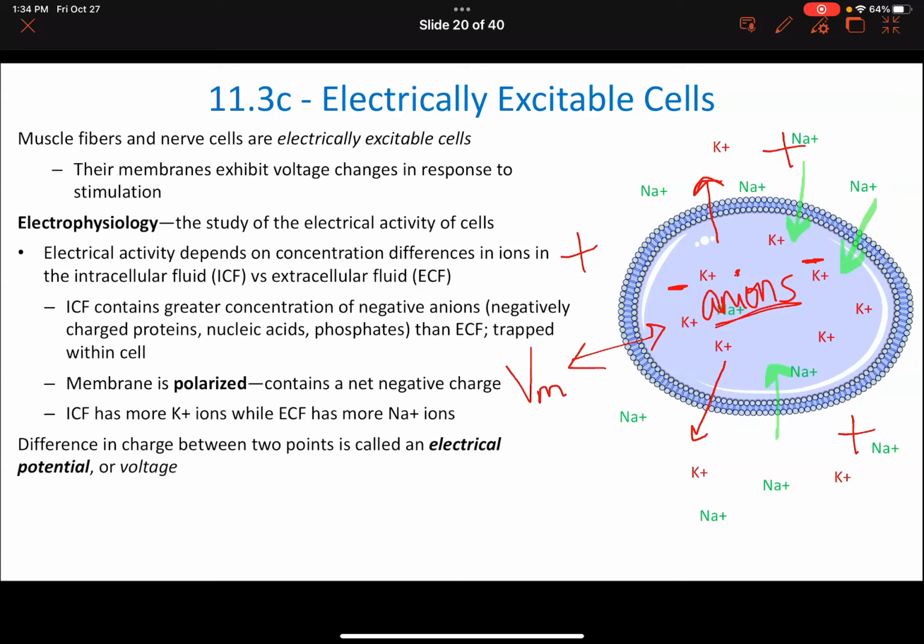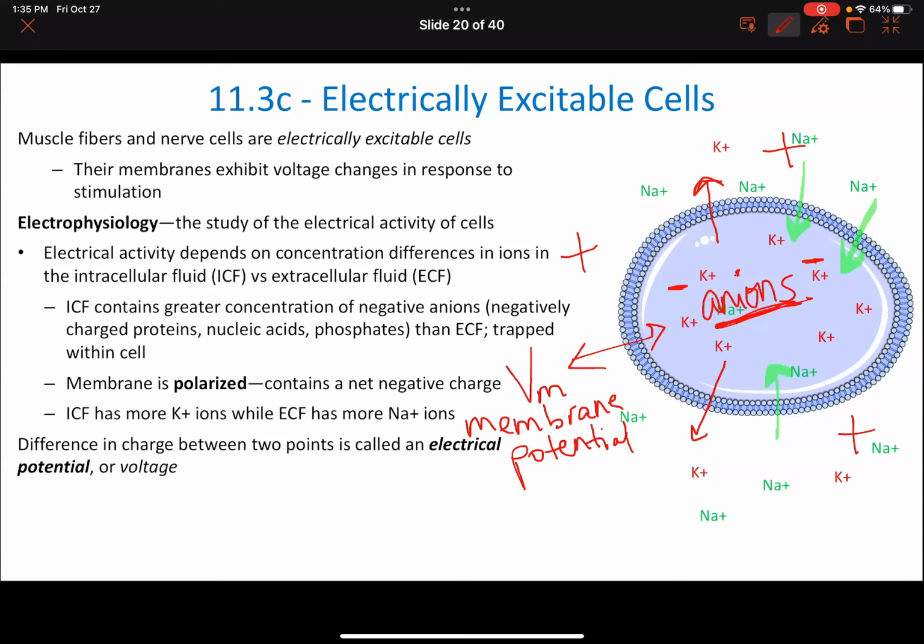So again, the difference in this charge between those 2 points across that membrane is called an electrical potential or voltage. We'll really refer to it a lot as a membrane potential. In this particular instance that I have drawn here, the membrane potential is negative because it is more negative inside the cell, because of these big anions that cannot leave, than it is outside the cell.